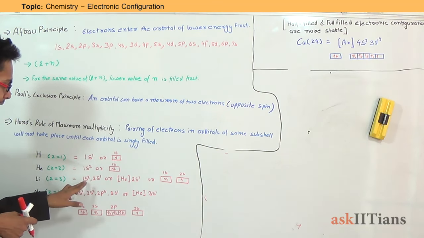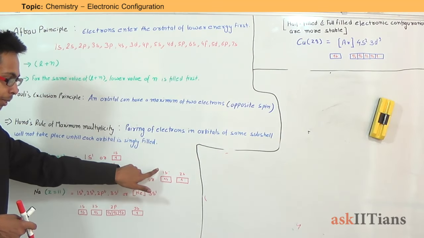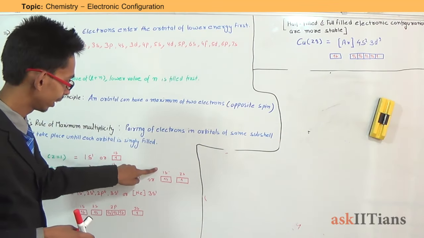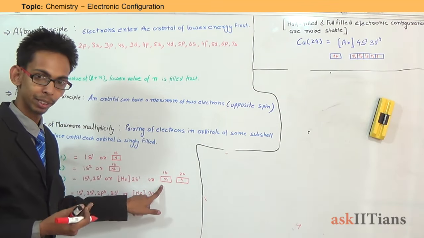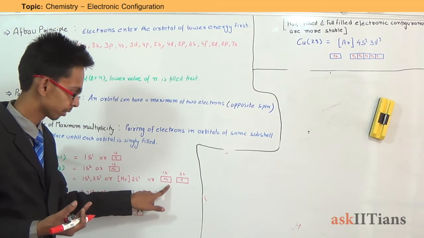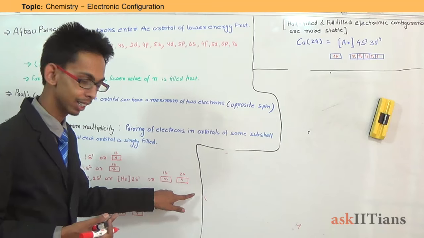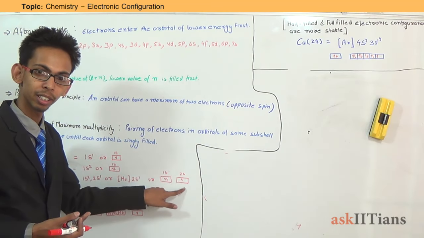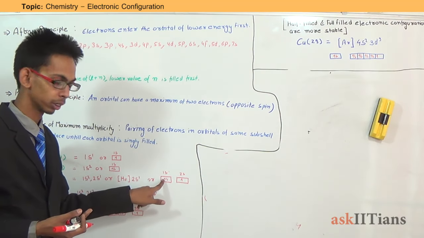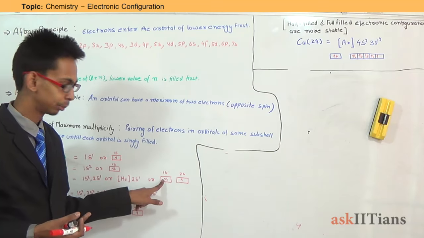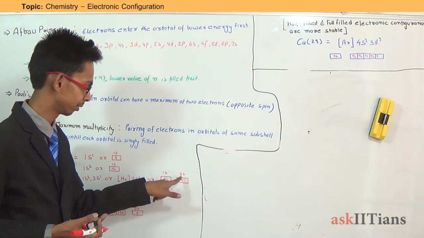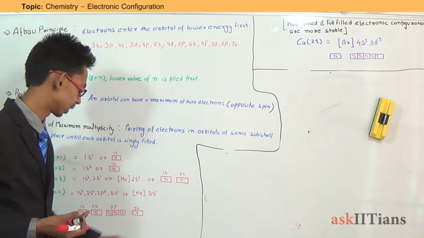Or we can write it in the form of boxes: 1s subshell with its box, and 2s subshell with its box. 2 electrons go to 1s, that is 1s2, and 1 is in 2s, that is 2s1.